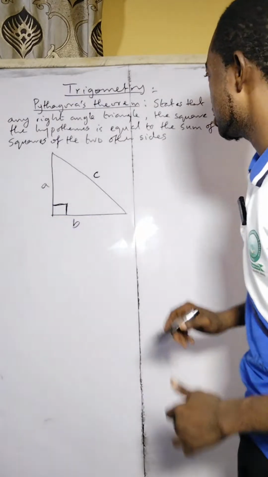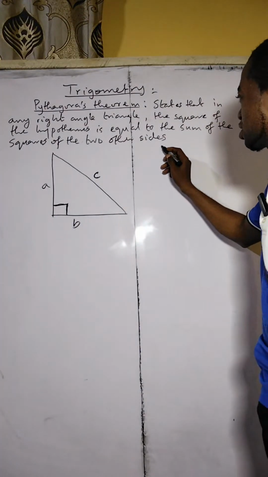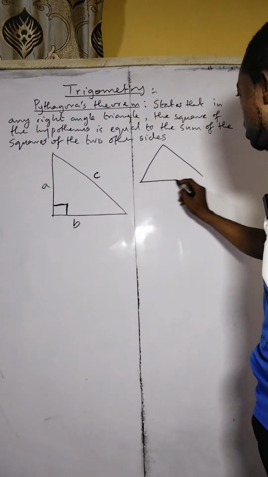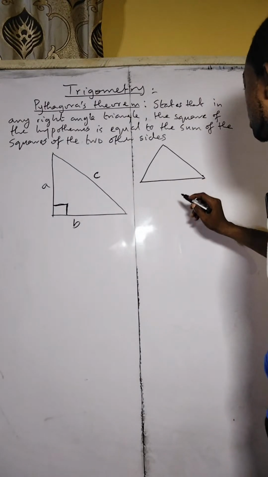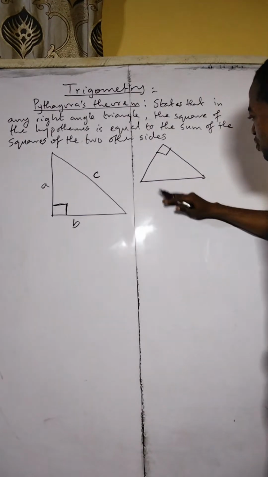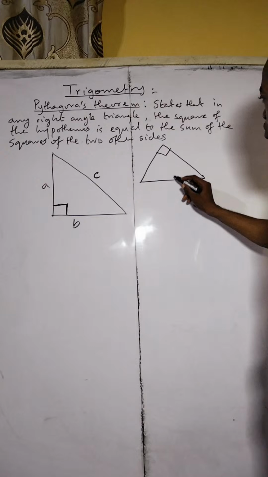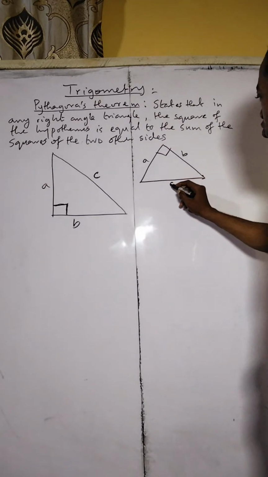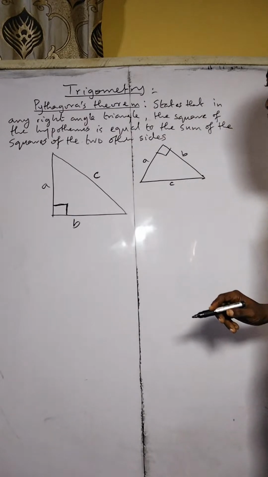So any side facing the right angle is the hypotenuse, however the triangle is drawn. If it is drawn this way, and this angle is labeled as 90 degrees, the side facing this angle will be the hypotenuse. So if this is A, B, C, then C is the hypotenuse.